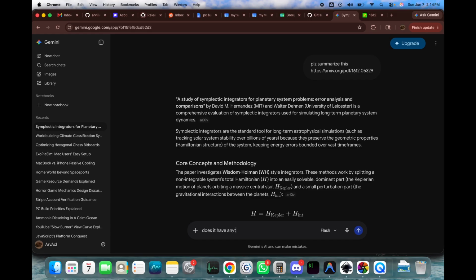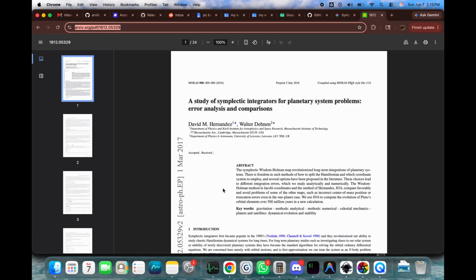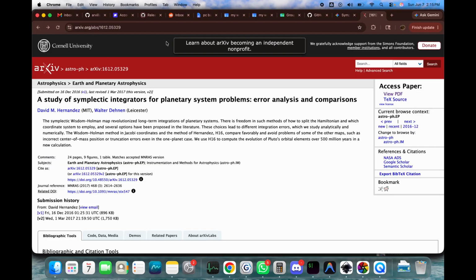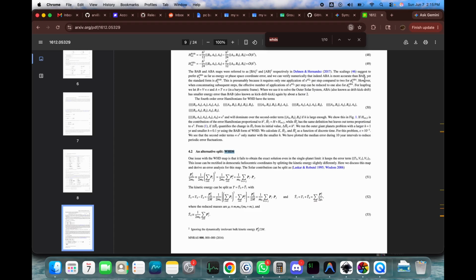Does it have anything about WHDS coordinates? Okay. Why are things stupid? I could probably have just found something, like WHDS. Okay, here, let's search that.